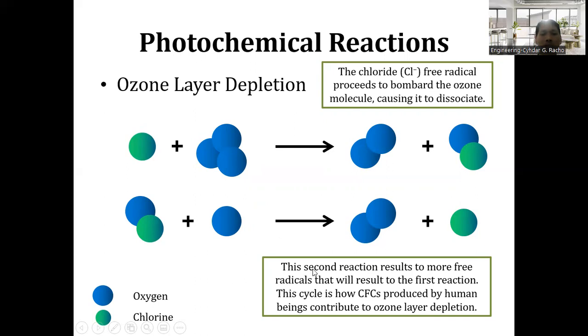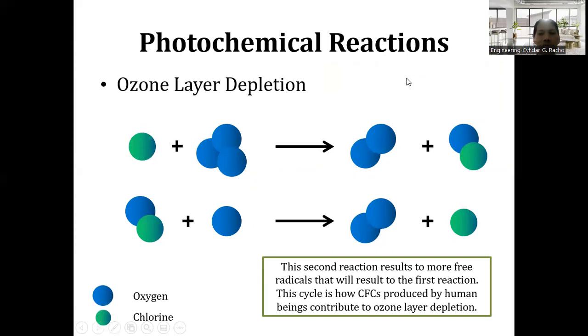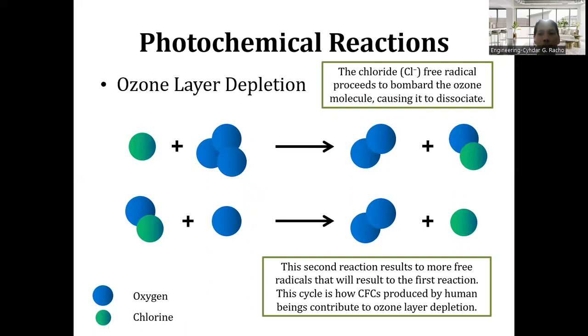This cycle is how the CFCs produced by humans contribute to ozone layer depletion. So this is a chain reaction. It keeps on repeating until the chlorine molecules stabilize. The chlorine's interaction in the atmosphere stabilizes. It finds a partner so it becomes steady there.